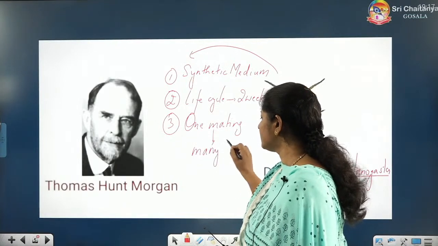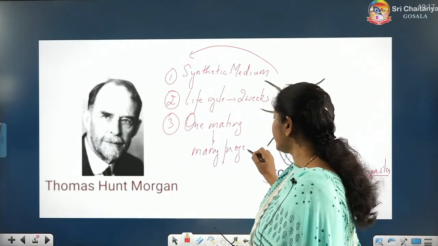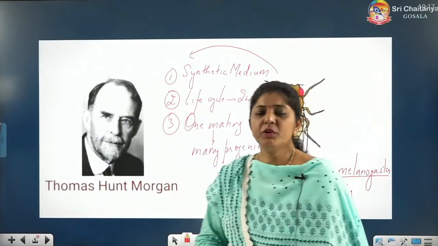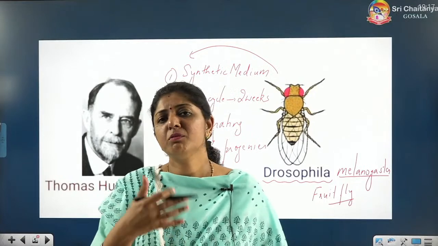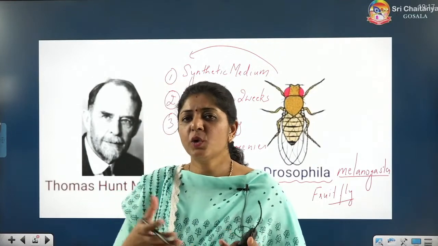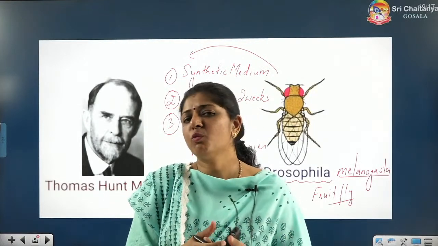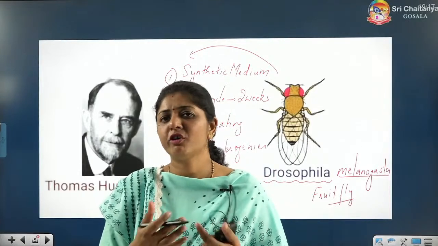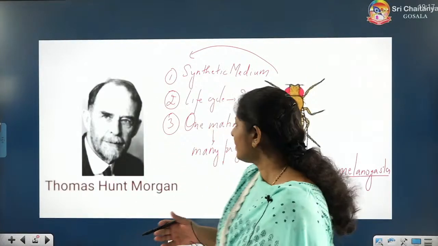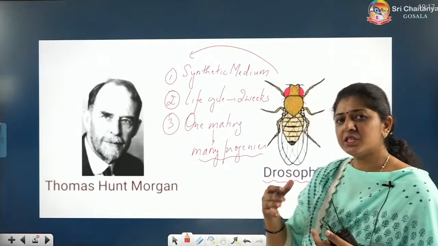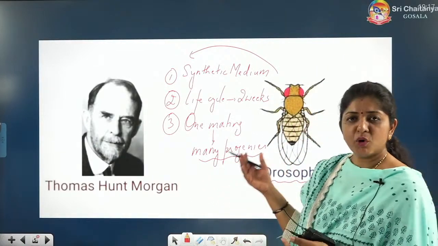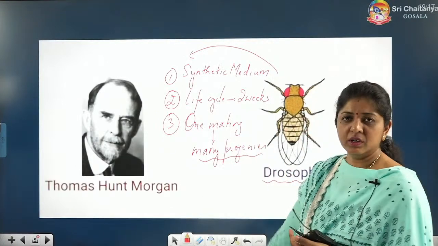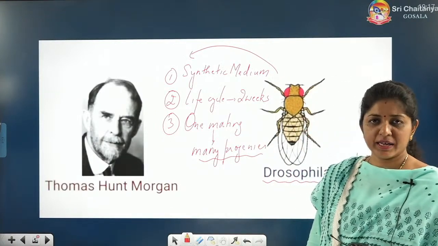Many young ones can be there in one mating, because if you have many examples to show your result, it will be more authentic. If we are showing it with one organism, it won't be that authentic. We cannot rely upon this. That's why many progenies make us rely upon our results. Like that Thomas Hunt Morgan worked with the results of Drosophila melanogaster.